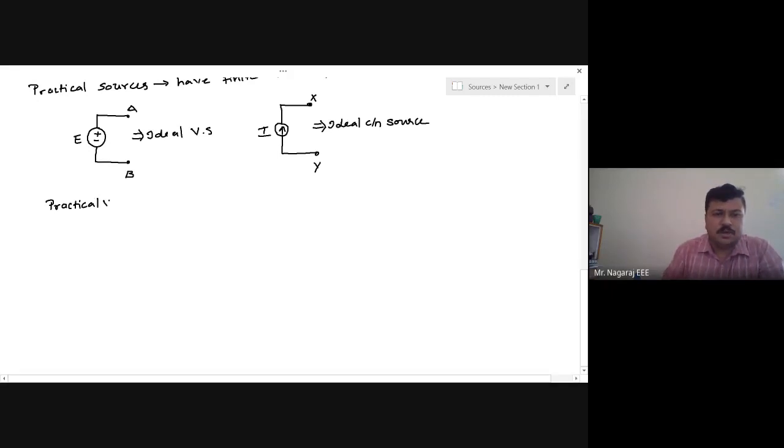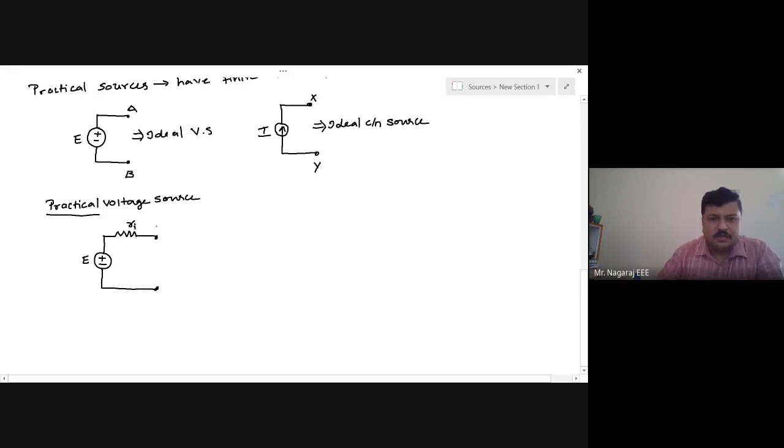So a practical voltage source has a voltage value of E volts, and it has some internal resistance. Let me call it Ri.